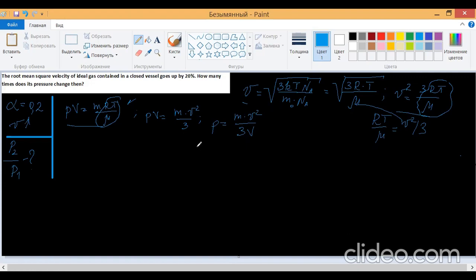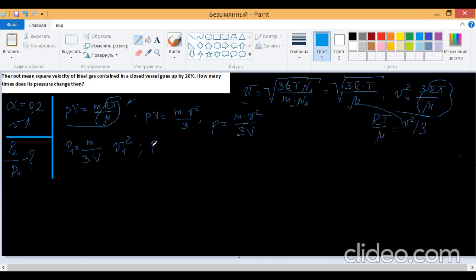So we can now express P2 and P1 through the velocities. I can write that P1 is equal to m over 3V times v1 squared, okay?